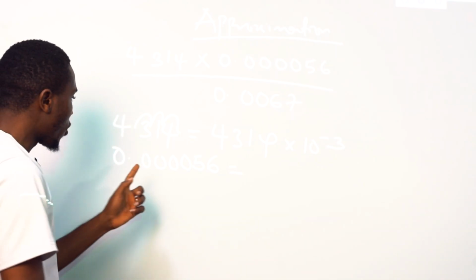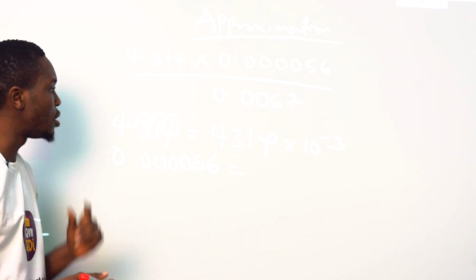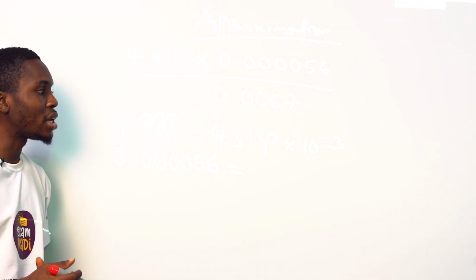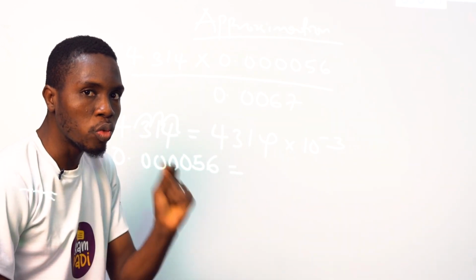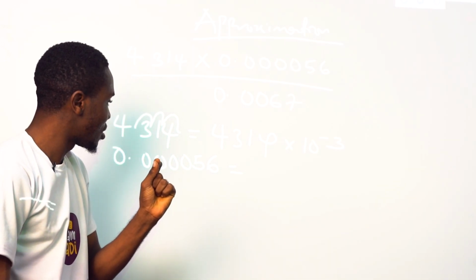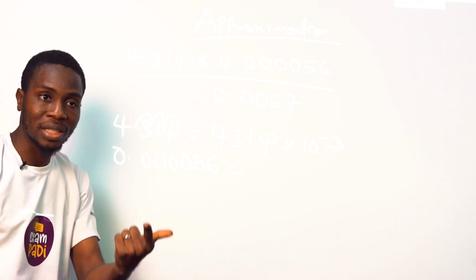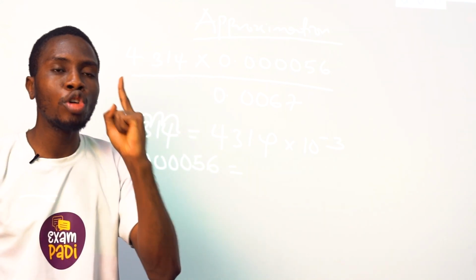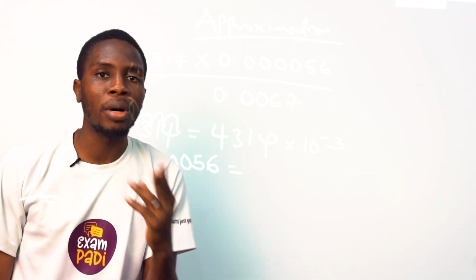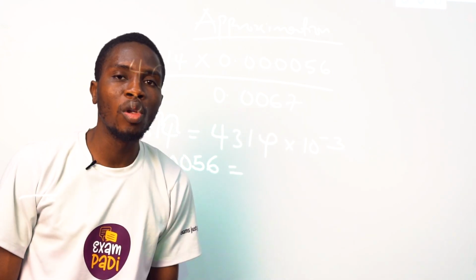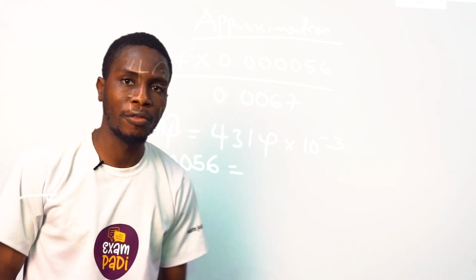We have 0.000056. Let's convert this also to standard form. Remember, when you are dealing with standard form, you must have just one number before the decimal point. When you have two numbers before the decimal point, you are no longer calling it a standard form.